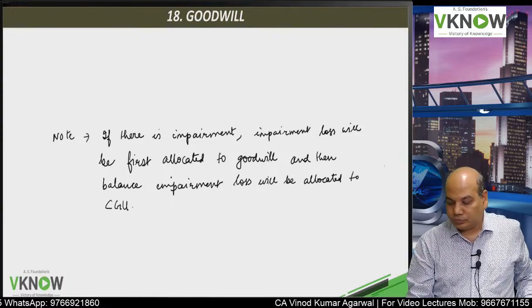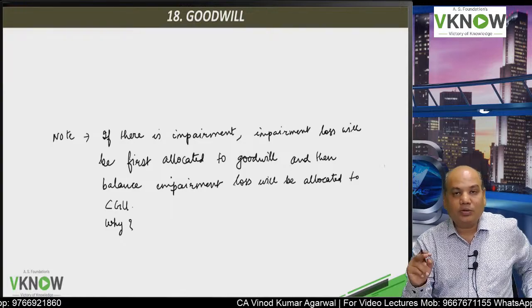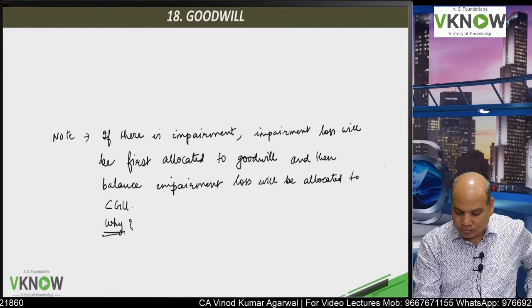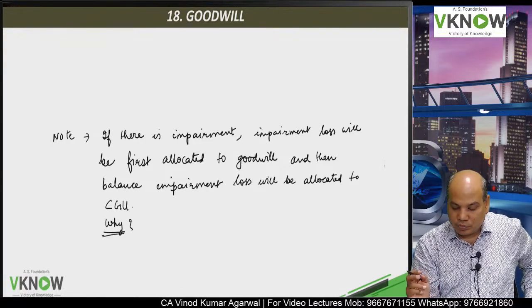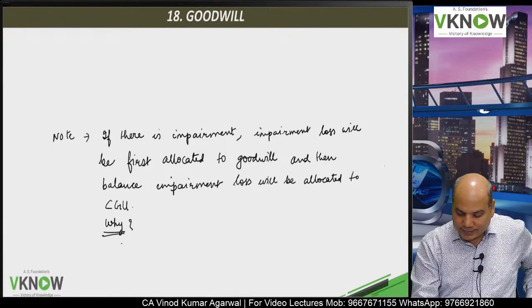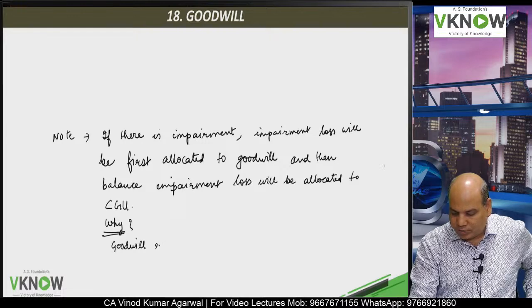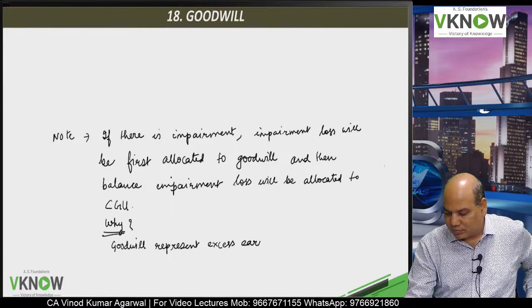Okay. Why will we allocate impairment loss to goodwill first? That is not written in the book. They have only written the process. The answer is goodwill represents excess earning capacity.